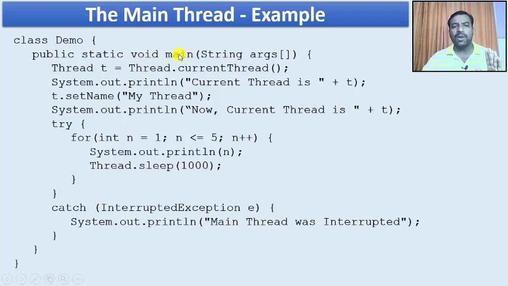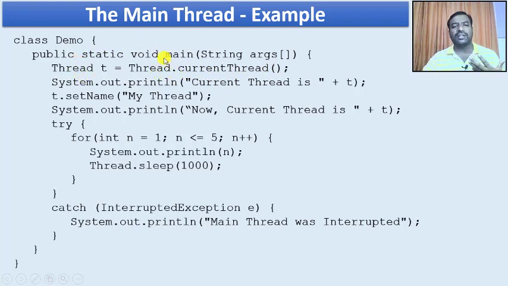Class Demo, main function, and this main function is going to be the main thread by default when the execution starts. I want to take control of this main thread, hence I am using the inbuilt method called currentThread.